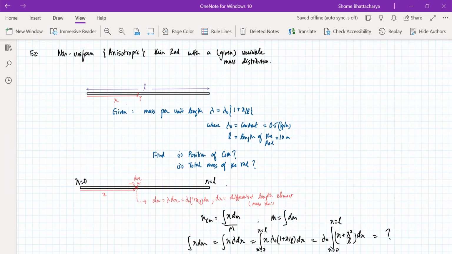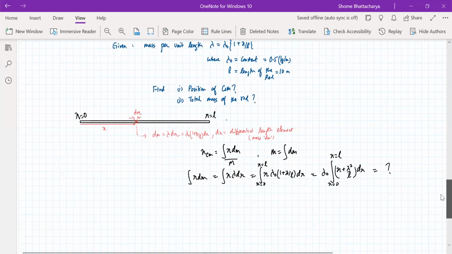Okay. And similarly, the total mass of the rod, the denominator part, we'll get by integrating dm alone. So that is integration of lambda dx.